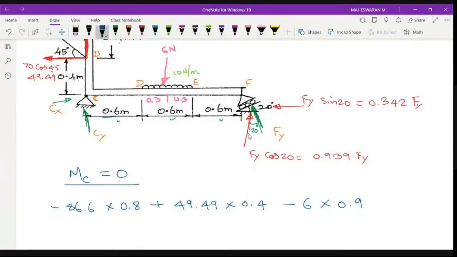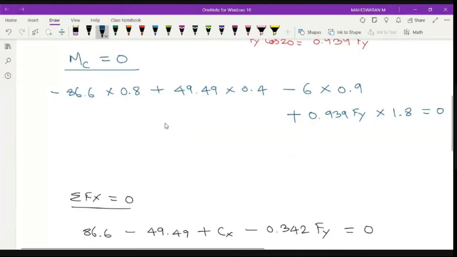This rotation is in anti-clockwise direction. So it is plus 0.939 Fy into 1.8, force into perpendicular distance. So this is equal to 0.